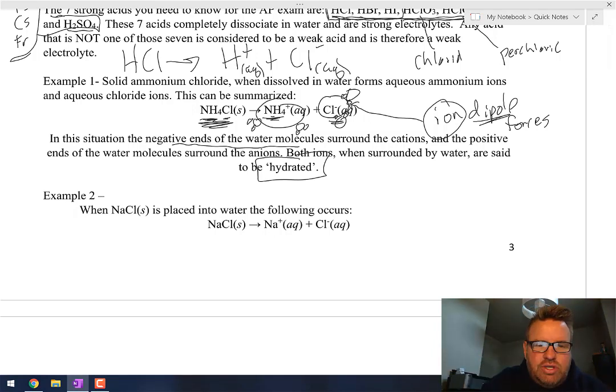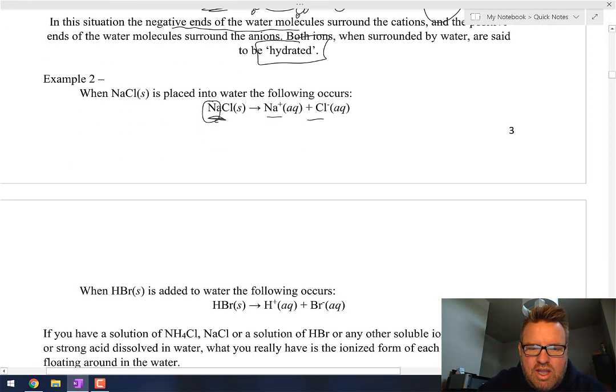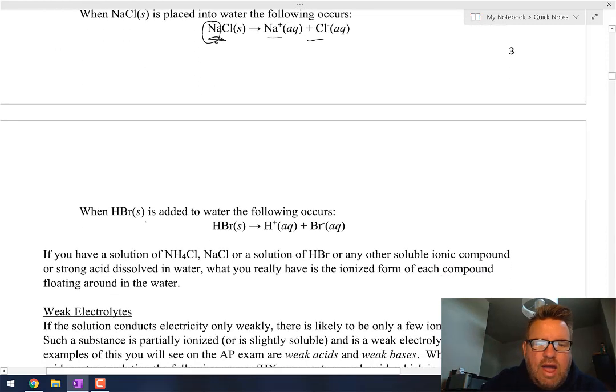Example 2, sodium chloride. It's got an alkali metal in it, therefore it breaks apart when you put it into water, so you get Na plus and Cl minus, just like we talked about earlier. Hydrobromic acid is a strong acid, so when you put it into water, it completely dissociates into H plus and Br minus.